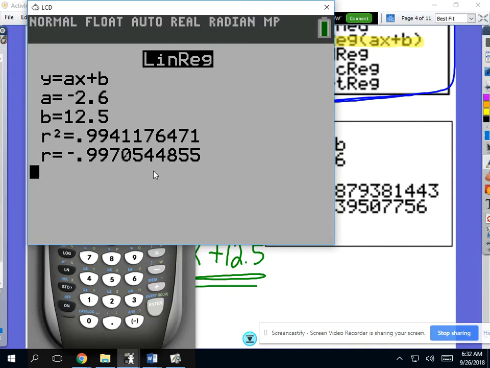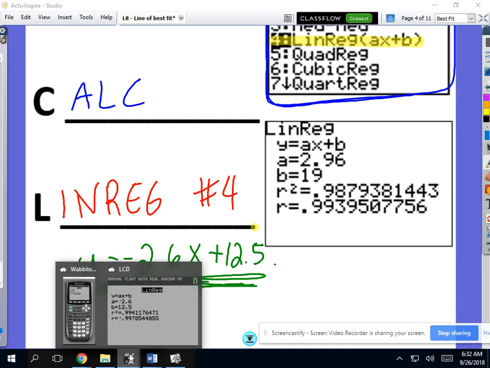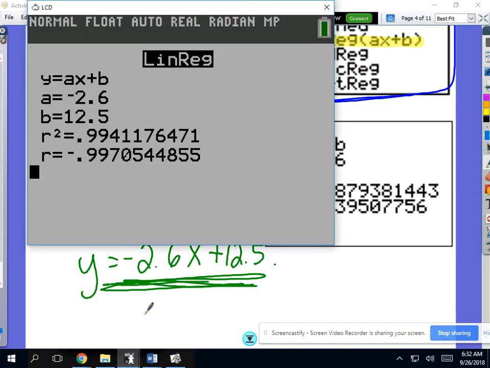When you take a test, we give you a grade on how well what you did fits what we've tried to teach you. This is the same thing. The R value gives you a grade on how well this equation, negative 2.6x plus 12.5, actually fits the data that we created.